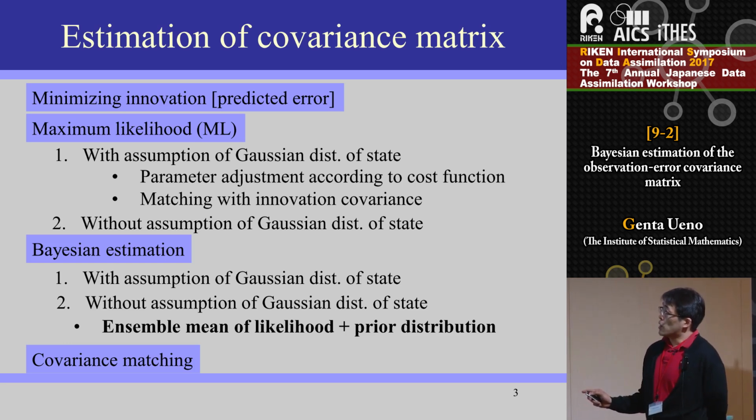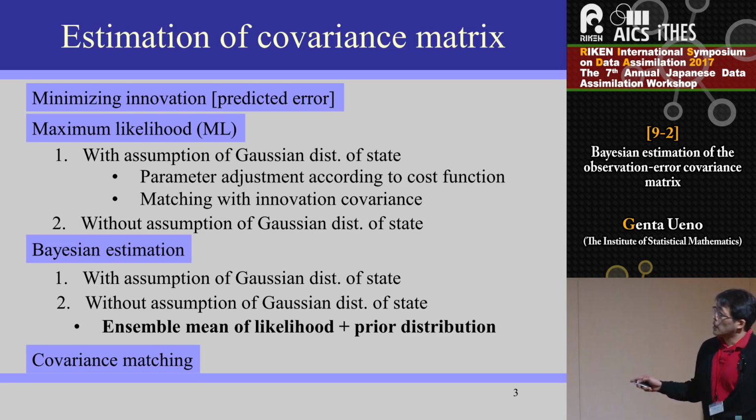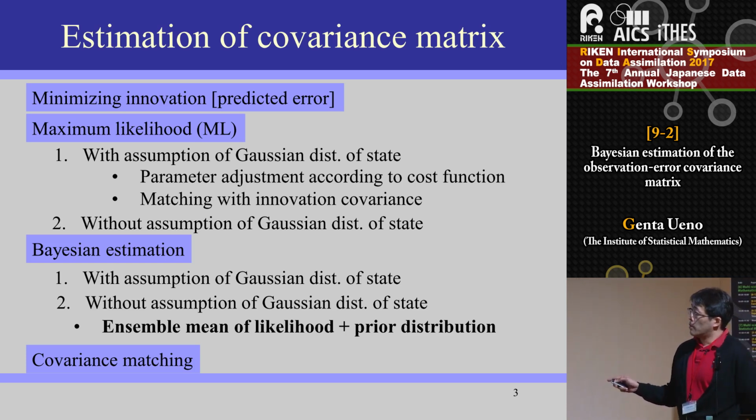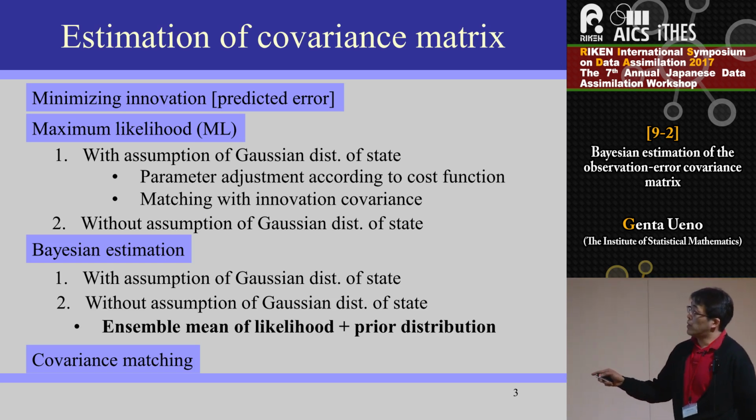In the maximum likelihood estimation, many studies adopt the assumption of Gaussian distribution of state, and some studies do not use the Gaussian assumption of state. Here, I show a method belonging to the third group, Bayesian estimation.